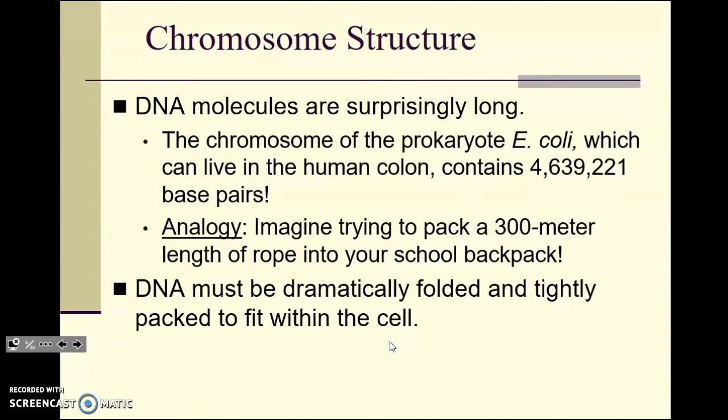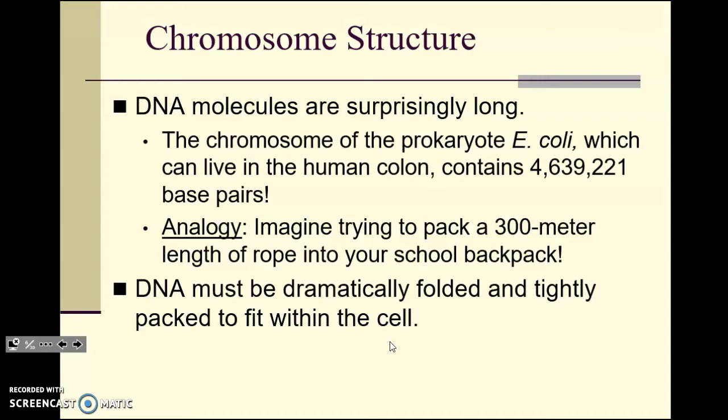So the chromosome structure, you have these DNA molecules, and like I said, it's a long strand of that double helix, and they're actually really strong and really long. I mean, if you had to think about it, kind of an example is if you had a rope and you laid it out and it was about 300 meters long, which is longer than 3 football fields.